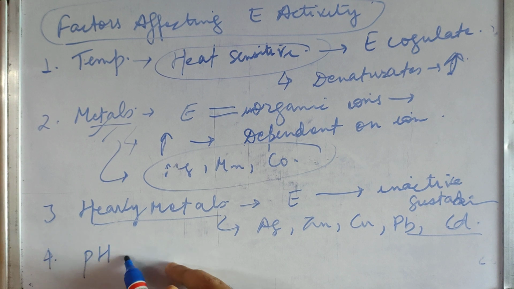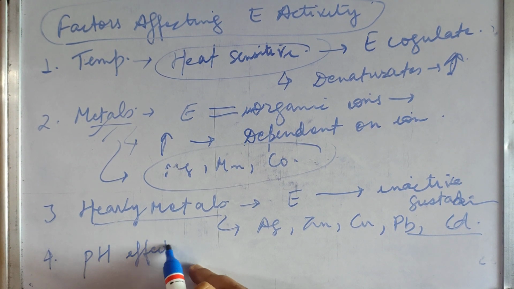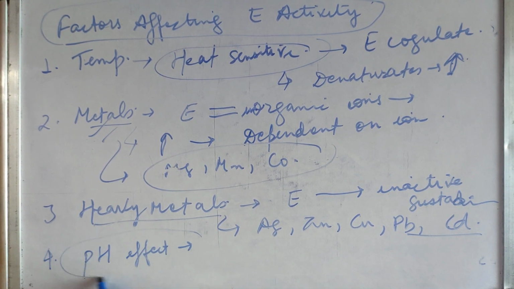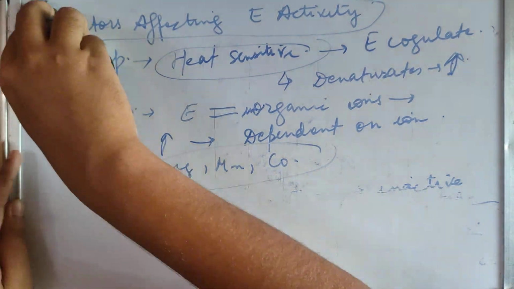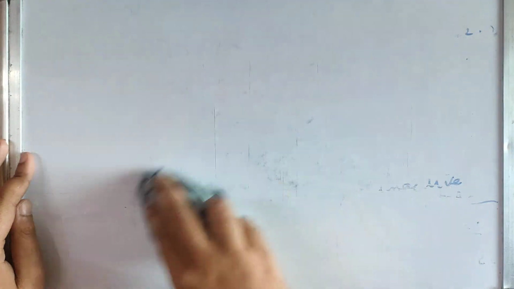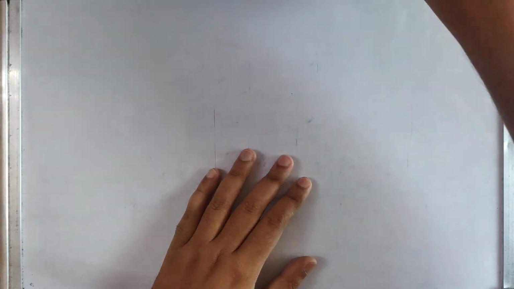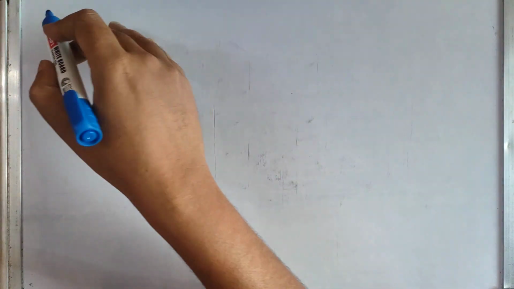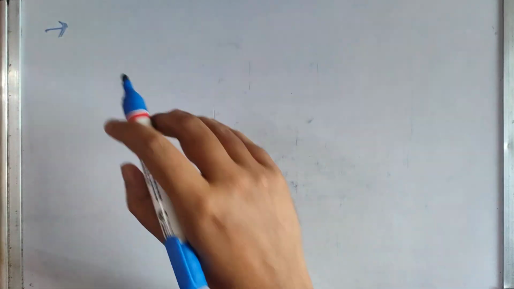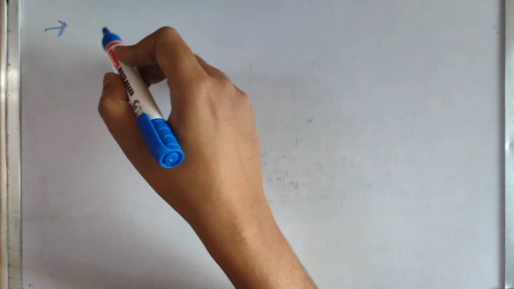Fourth, pH effect. pH controls enzyme activity to a great extent. During high pH or low pH, enzyme activity is inhibited or highly regulated.